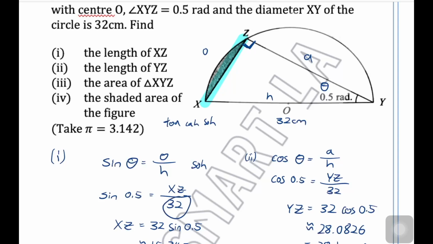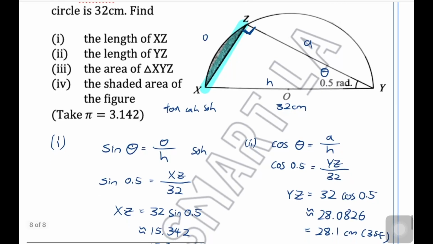And then 32 is the hypotenuse. Now, how we get the answer is to treat sine 0.5 as a number. So if this is a number, you can put it as over 1. Right? So if sine 0.5 is like a number, you can just convert it into a fraction by making it over 1, right?